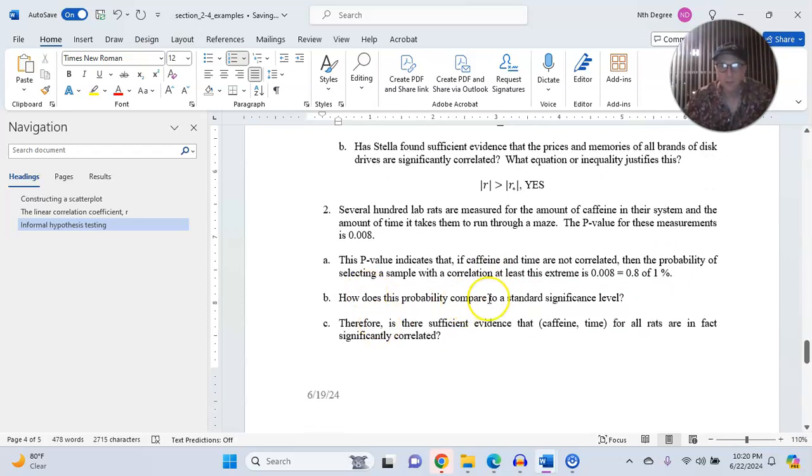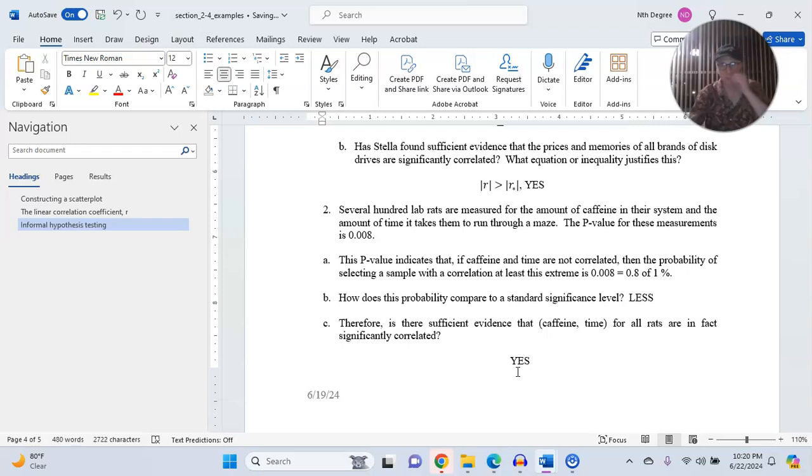B, how does this probability compare to a standard significance level? Well, we usually use significance levels, alpha, that are between 1 and 10%. So whichever significance we use, this one is clearly less than that. C, therefore, is there sufficient evidence that caffeine and time for all rats are in fact significantly correlated?